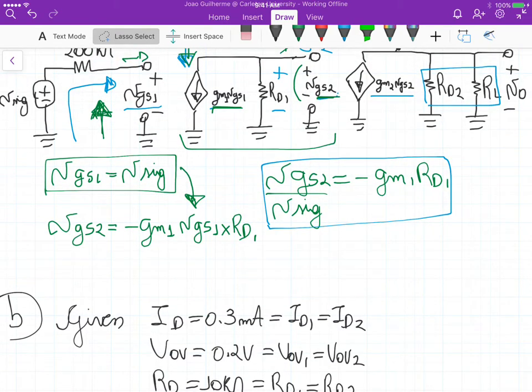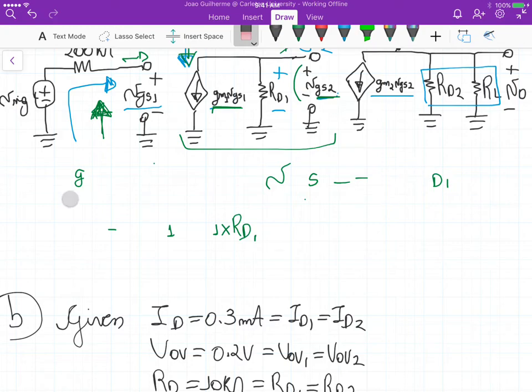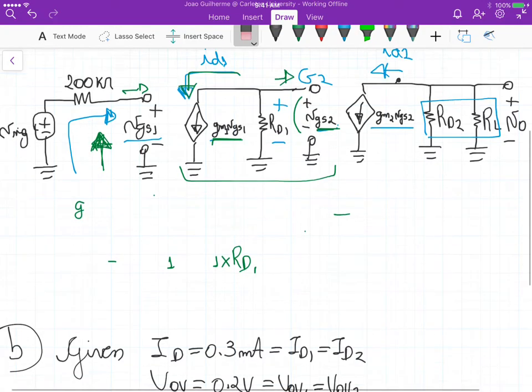Let me erase this part here so we can reutilize this circuit, and simplify some drawings.